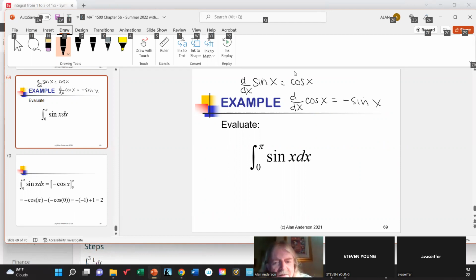So when we integrate this, it stands to reason that we're going to wind up with negative cosine x.